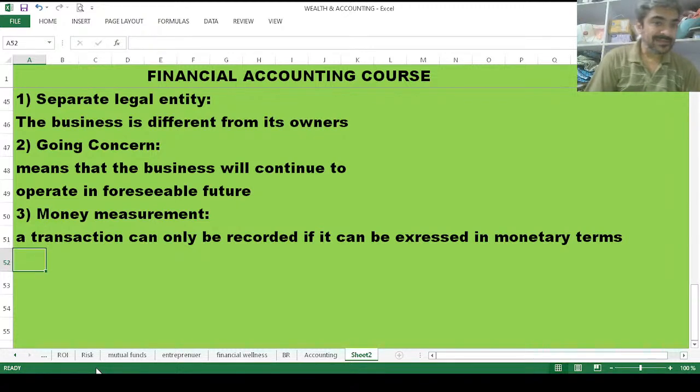If we cannot express a transaction, for example, passing an examination, then we cannot record it in the books of accounts.